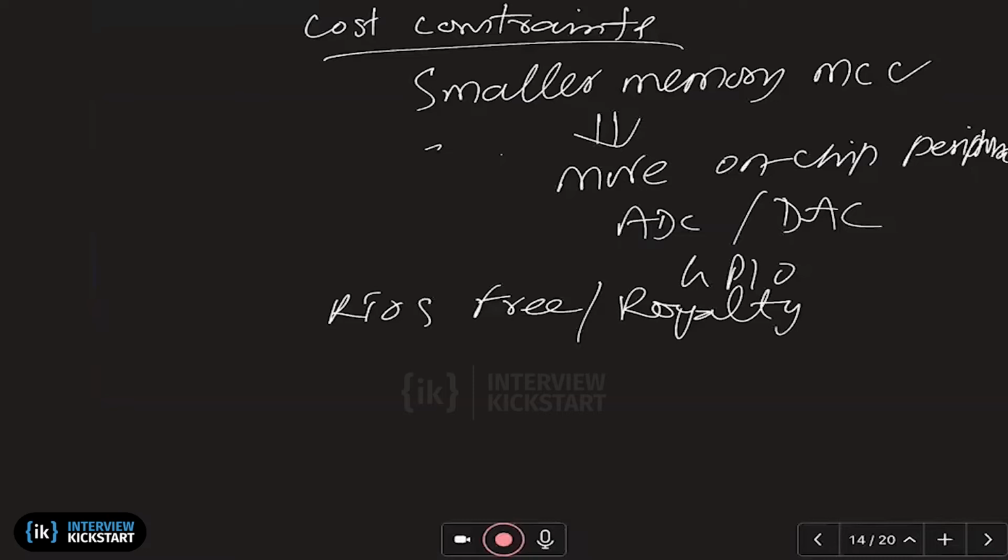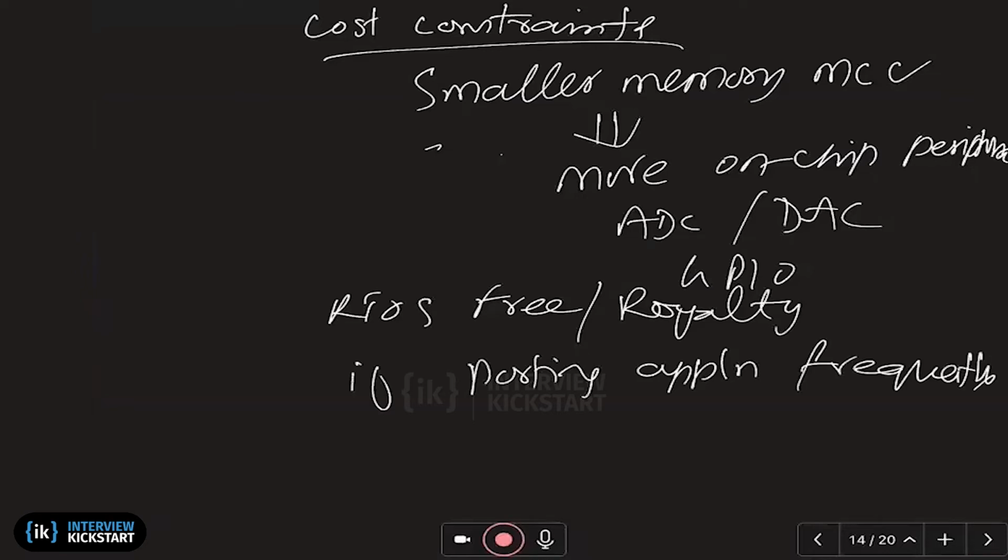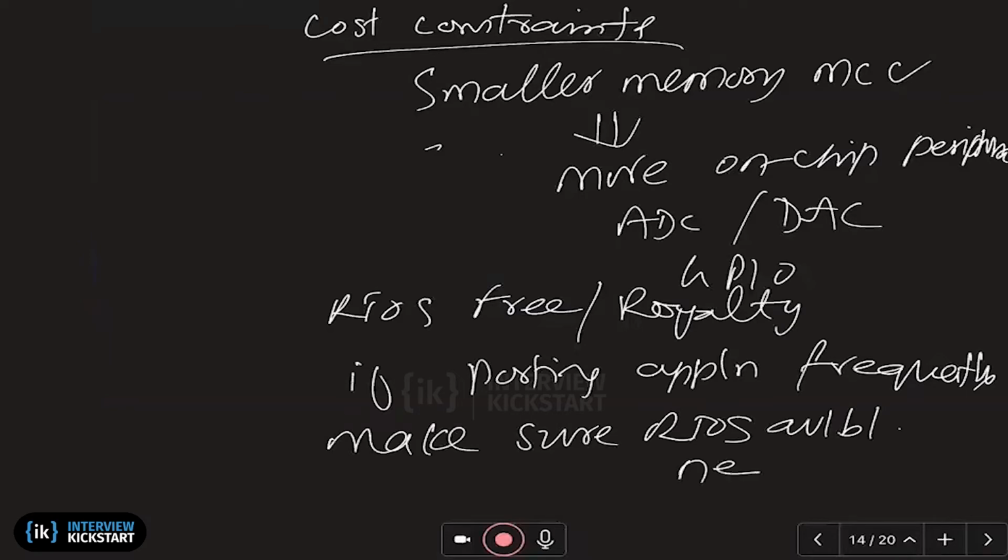If, for example, you're using an RTOS and you are porting your application very frequently, you have to make sure that the RTOS is available for the next platform, next CPU or MCU.